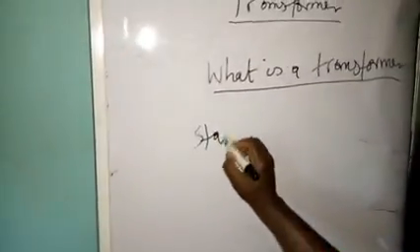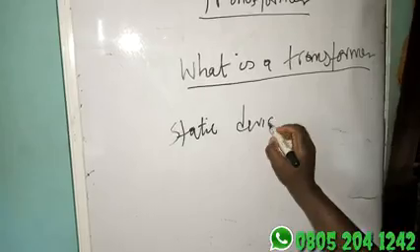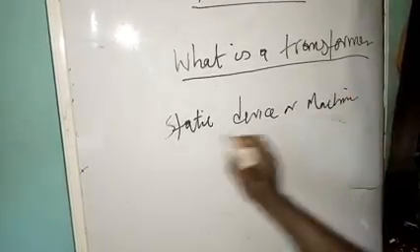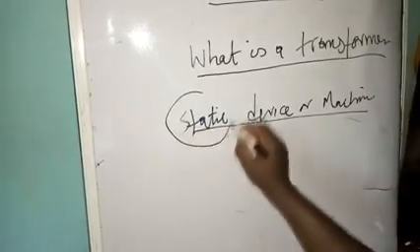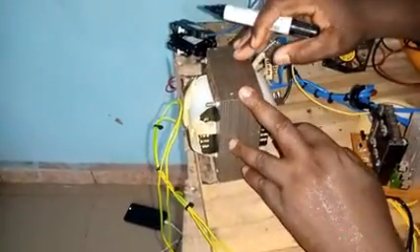So a transformer is a static device. That word static device, or if you call it a machine. This means you do not have any moving part, as you see, any piston or something that moves as it works. Nothing moves mechanically.